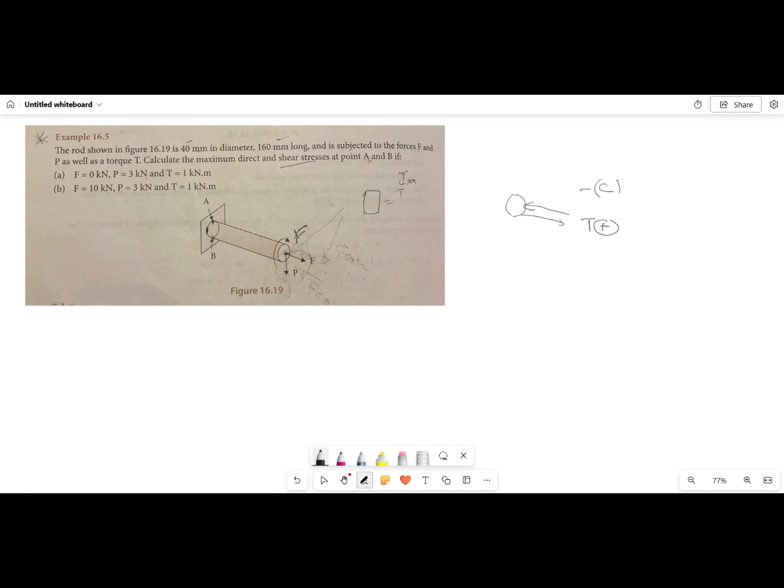Guys, this thing is easy. There will be complex shapes, but let's understand this one first. Look at P. What do you think P is doing to this rod here? It's bending it. Thank you, my brother. P is bending it.